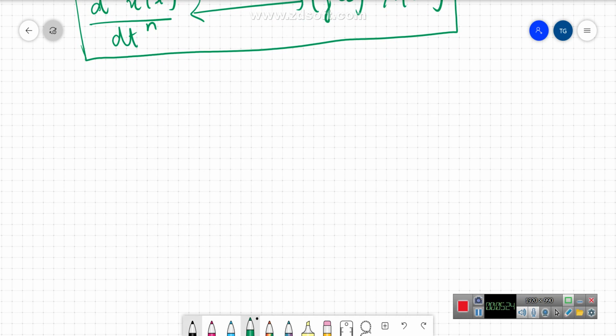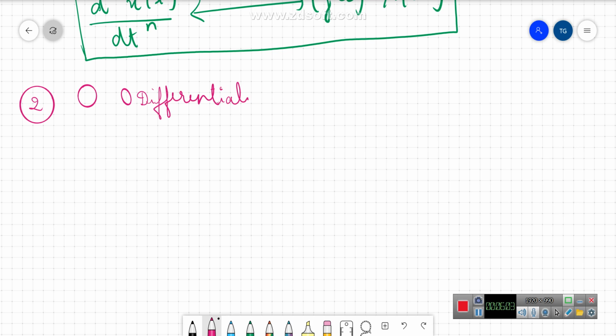So this property, this is our second one, that is differentiation in frequency domain property.